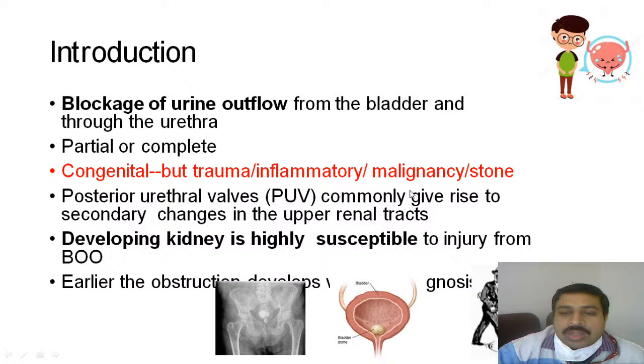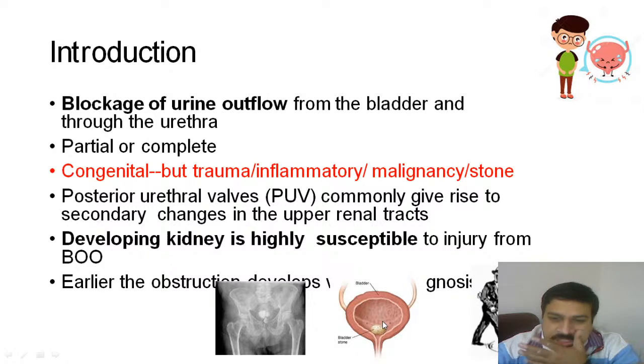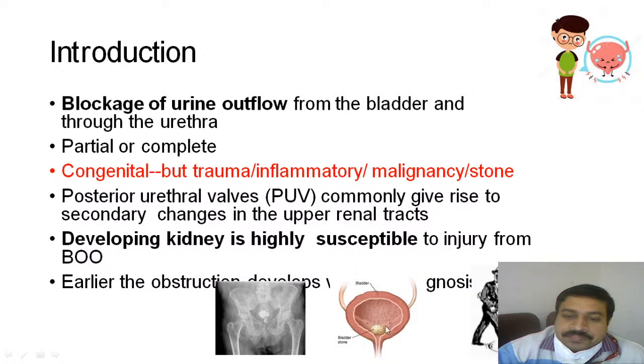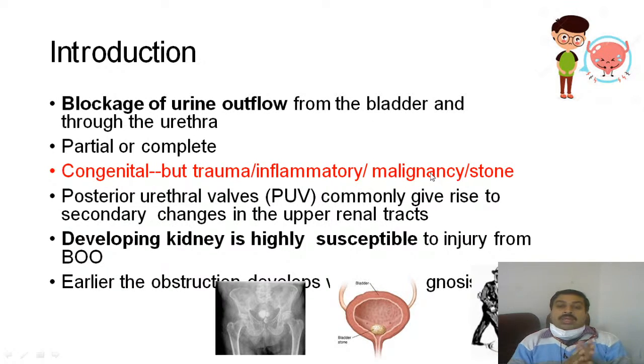This stone could be from the kidney which has rolled down, or it could primarily start in the bladder itself. Depending on that, we have different management strategies. And of course malignancies. Prostatic malignancy in adults is a very common condition. Even neoplasia of the benign type, that is benign prostatic hyperplasia, is also quite common in adults.